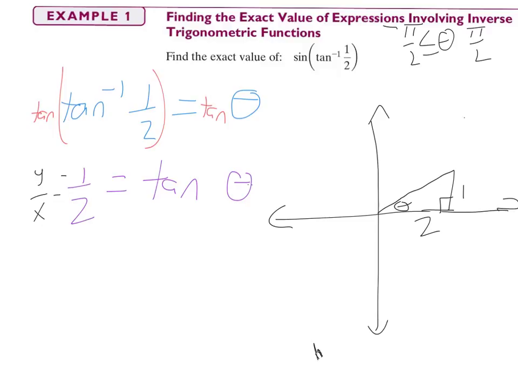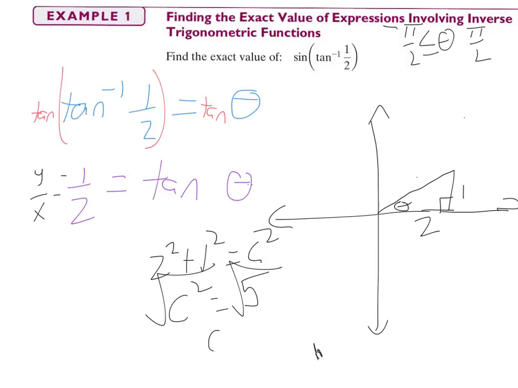What we can do is figure out what the hypotenuse is, and then take the sine of this angle. So 2 squared plus 1 squared gives you c squared, because we're using the Pythagorean theorem, so c squared is equal to 5. If you take the square root of both sides, the hypotenuse is equal to the square root of 5. Since length cannot be negative, we don't include the negative square root.